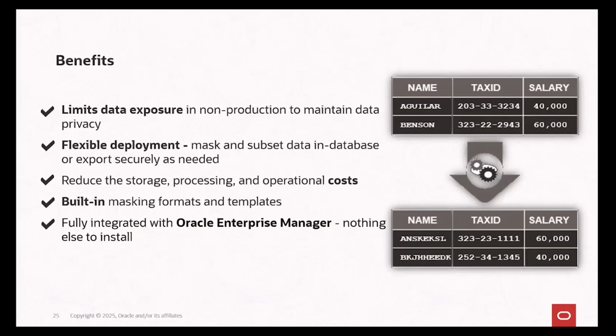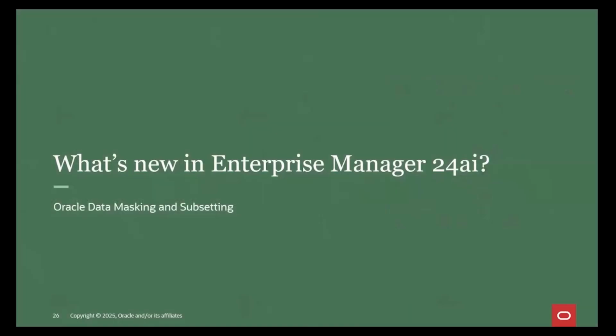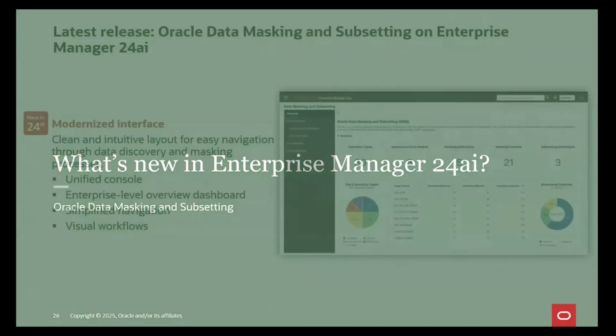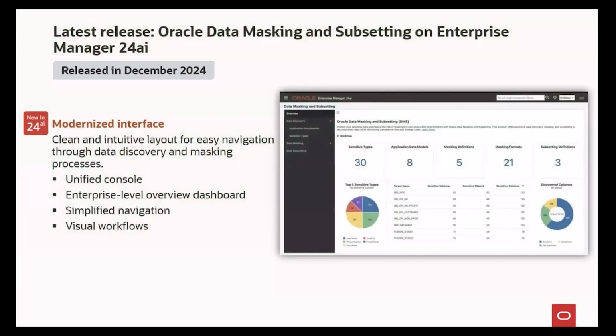So I think it is high time to see what we have new on DMS, with Enterprise Manager 24AI. With the EM release last year in December 2024, we have completely overhauled the look and feel of the solution. So now you can notice a modernized interface.